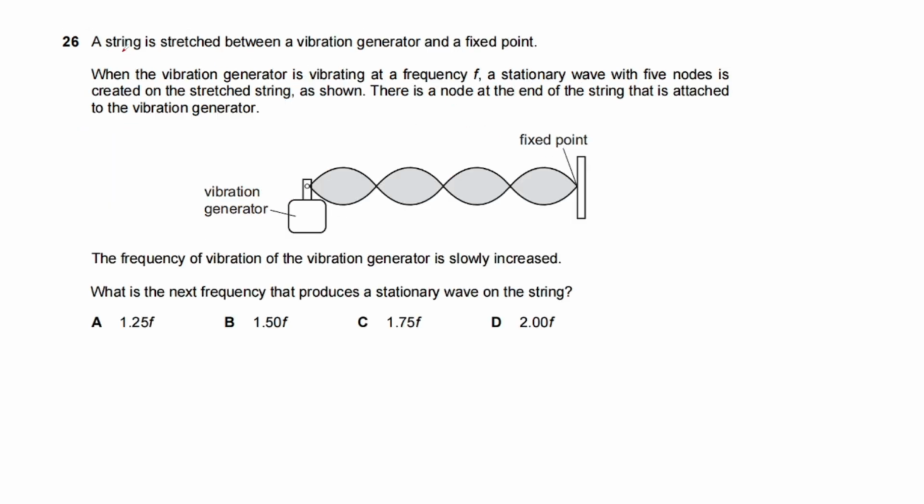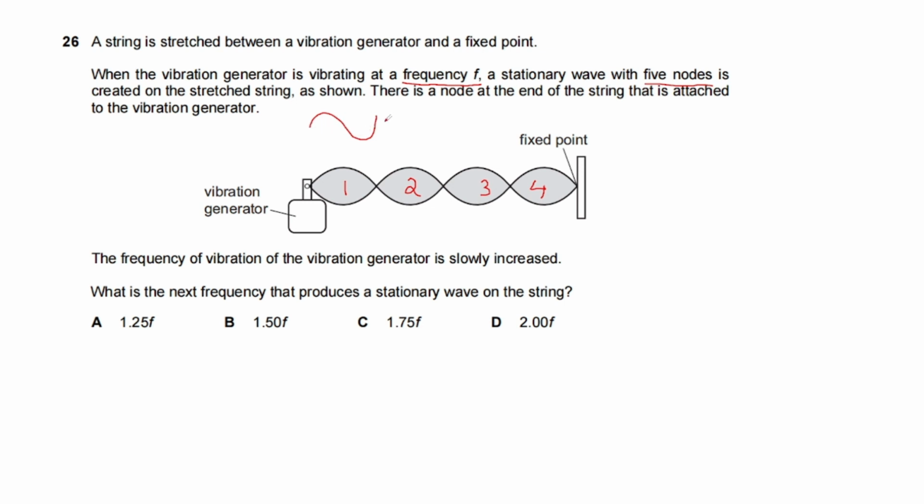Question number 26 is, a string is stretched between a vibration generator and a fixed point. When the vibration generator is vibrating at a frequency f, a stationary wave with 5 nodes is created on the stretched string as shown. So 5 nodes, which means that we have 4 half wavelengths.